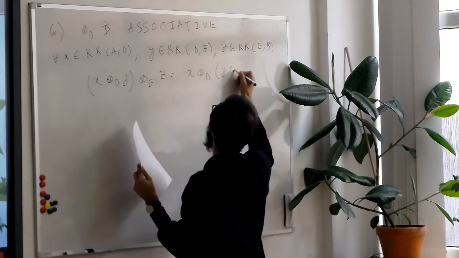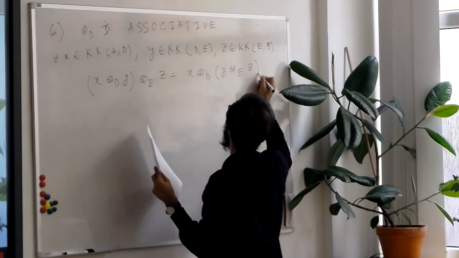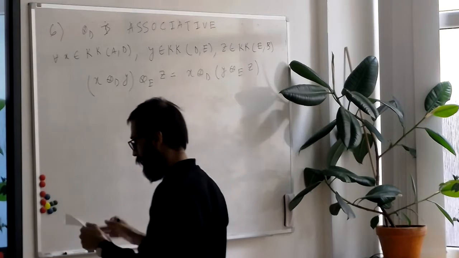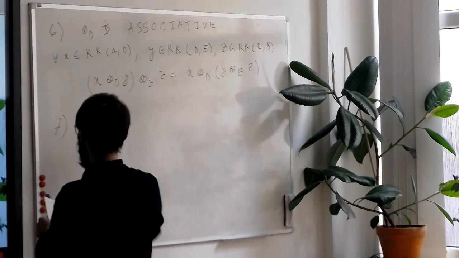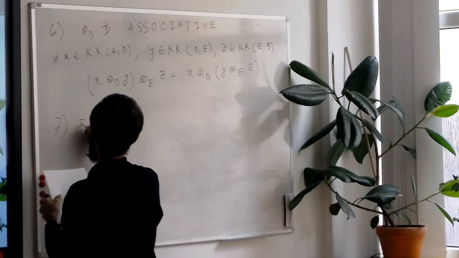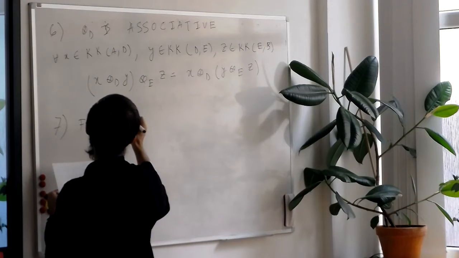You do the same thing, but this one first. Seven, for each A.